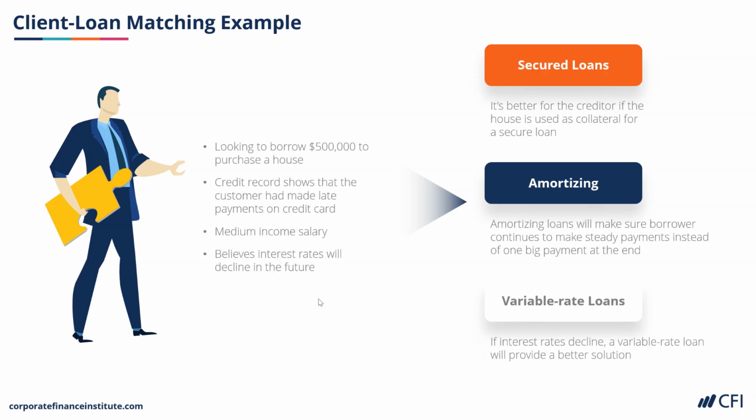And finally, since they believe interest rates are going to decline, they would likely want to go with a variable rate loan, where the rate will go down over time as interest rates decline. You can see how lenders work with their clients to come up with the appropriate matching of the client's needs and the lender's products.